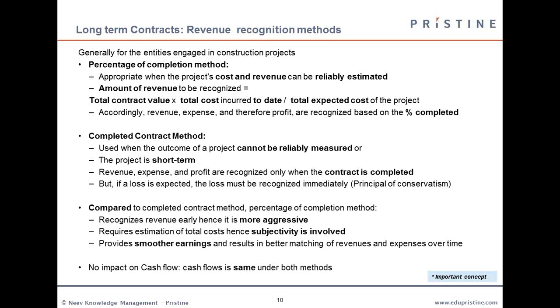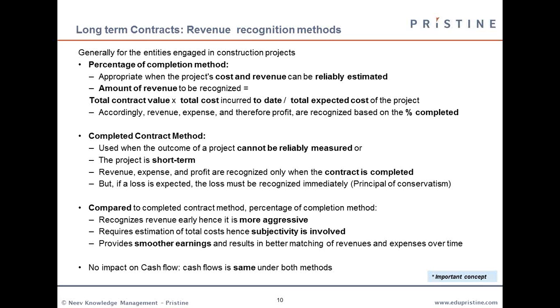Here what we do is simply, if you expect the total income to be say 1 lakh, then after 1 year you see the costs incurred till now divided by the total estimated cost. That gives you a percentage of completion.